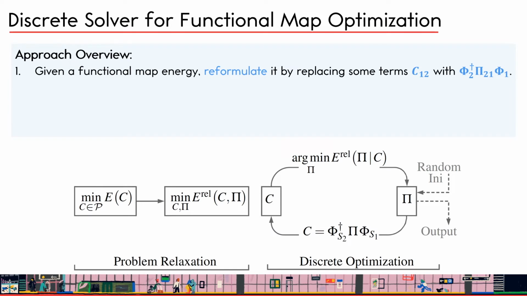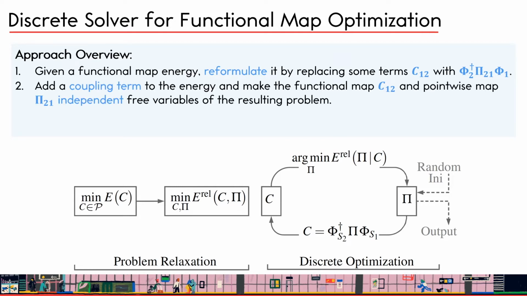In our work, we propose an efficient discrete solver. It consists of three main steps. We first reformulate the given energy by replacing some term C by the proper functional map constraint. We then add a coupling term between the functional map and the newly introduced pointwise map. We call this modified energy a relaxed version of the original energy.